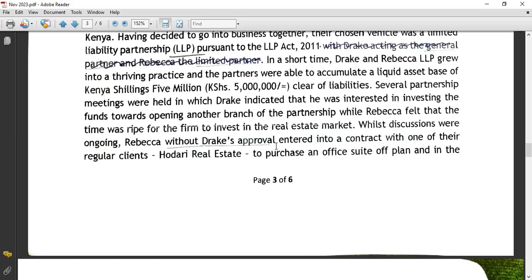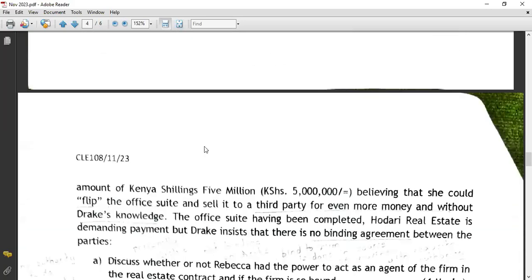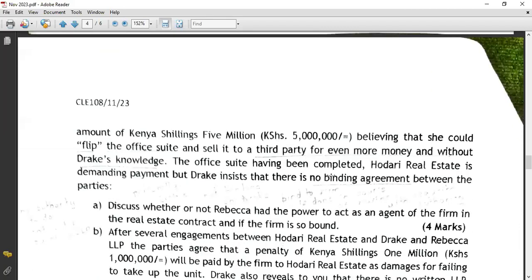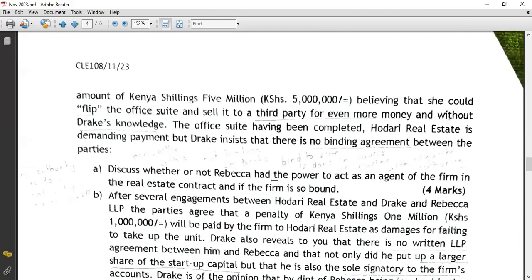But the only difference is that Rebecca proceeded to enter into a contract based on her position. So in this regard, Rebecca had no power to act as an agent of the firm. Now, a partner is bound by the actions of a partner if the actions that the partner has taken are in accordance to what the partnership requires or follows.